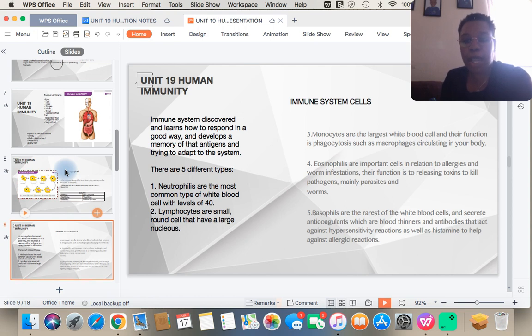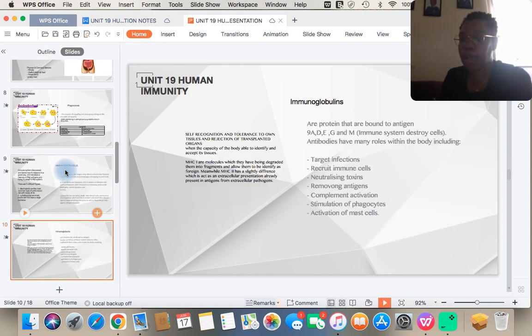Eosinophils are important cells in relation to allergies and worm infestation. Their function is to release toxins to kill pathogens, mainly parasites and worms. Basophils are the rarest of the white blood cells and secrete anticoagulants, which are blood thinners, and antibodies that act against hypersensitivity reactions, as well as histamine to help against allergic reactions.